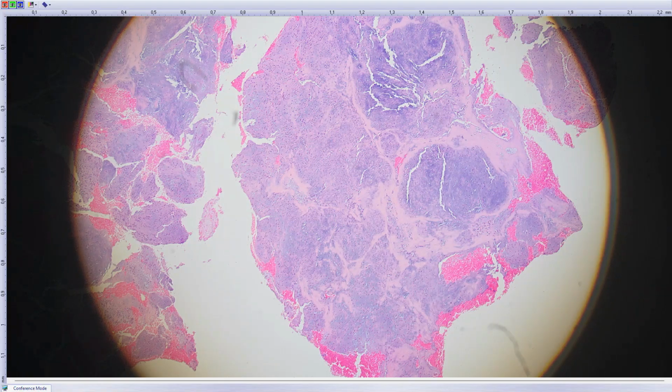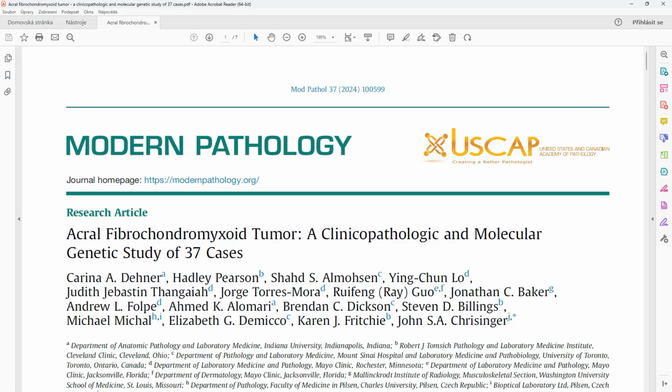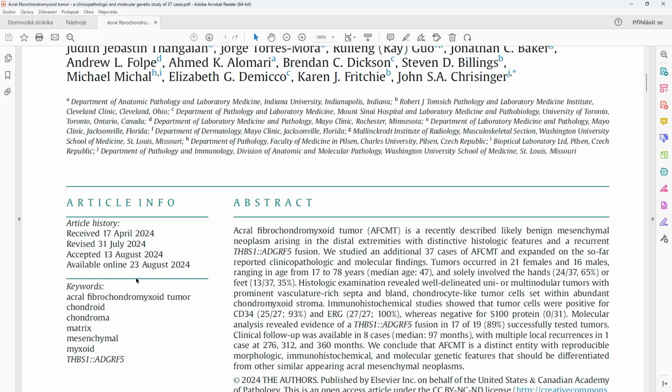Okay, here's a follow-up paper. The first paper by the French group was in 2019. And 2 months ago, a group around Karina Danner and John Kissinger published this larger follow-up series of 37 cases, basically confirming the findings.